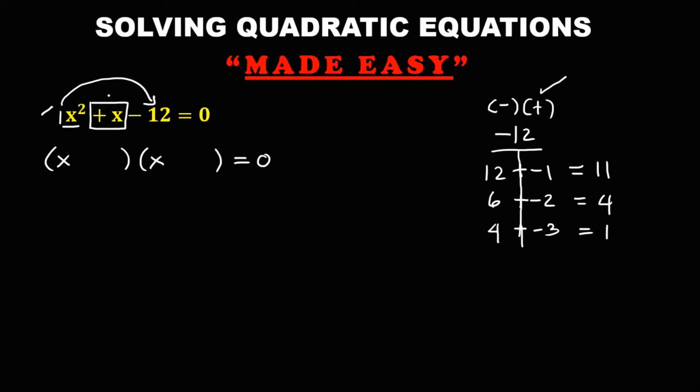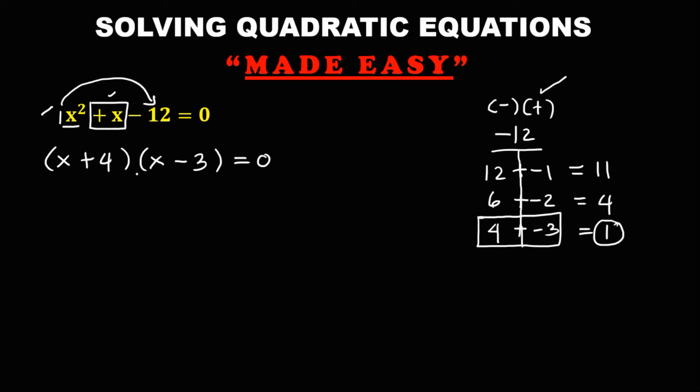Since the middle term is positive 1x and this is positive 1, the factors are positive 4 and negative 3.